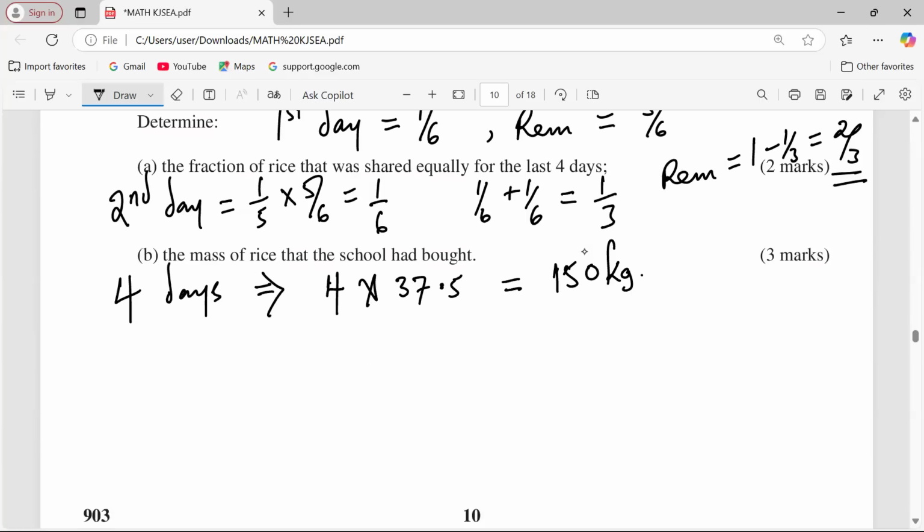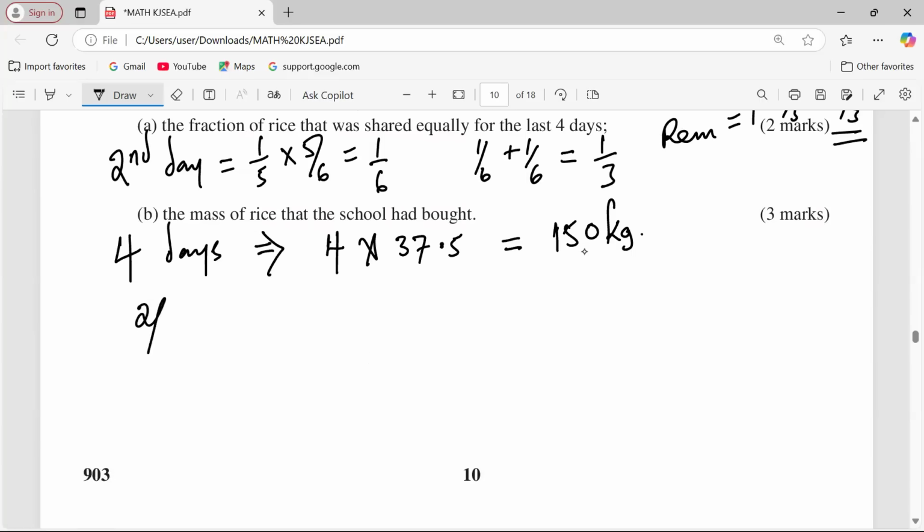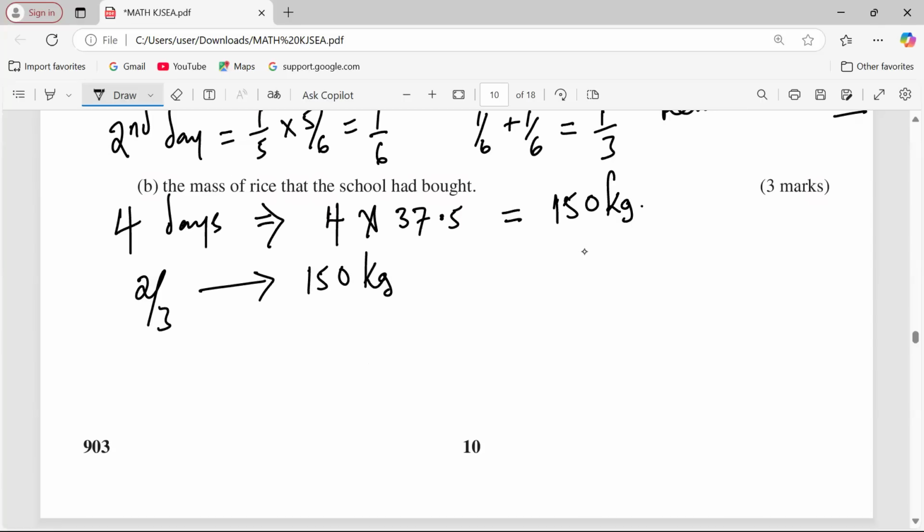And the fraction is 2/3. So a fraction of 2/3 equals 150 kgs. What about the total fraction? In other words, we can say 2 proportions are equal to 150 kg. What about 3 proportions? 3 times 150 over 2.